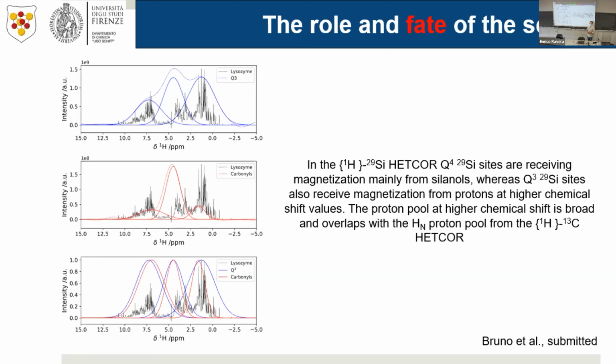In our paper, which is submitted and hopefully under minor revisions, we refrained from speculating that this is actually crosstalk to the protein, but there is quite a lot of identity between the spectrum that you get projecting the proton dimension of the silicon spectra and what you get projecting the proton dimension in the carbon spectra.